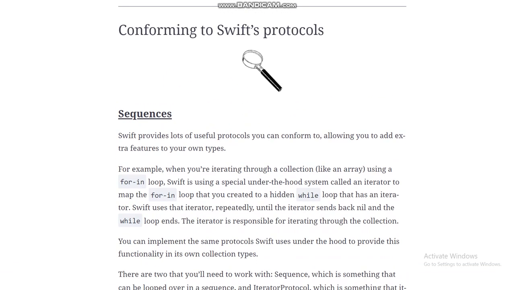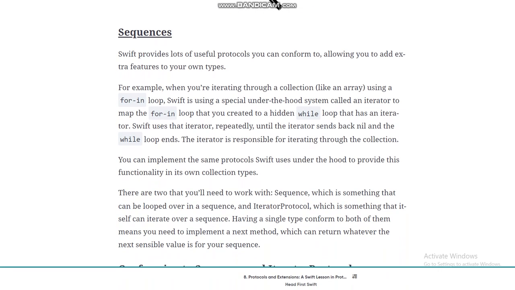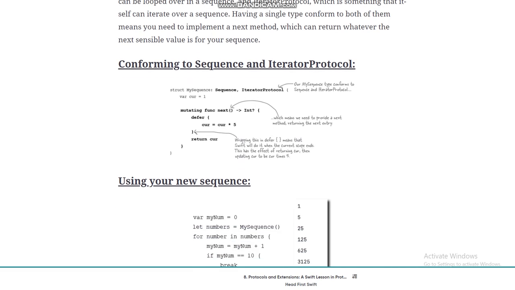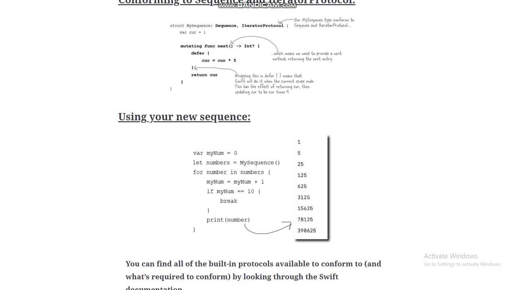So let's continue talking about protocols, and confirm that Swift has sequences. It is for loops, and suppose that you want to iterate over some values, so you can make your type iterable, like this. You say this value is going to be iterable, so you can put my sequence here, and we can say next.